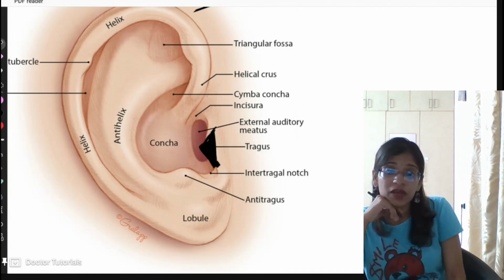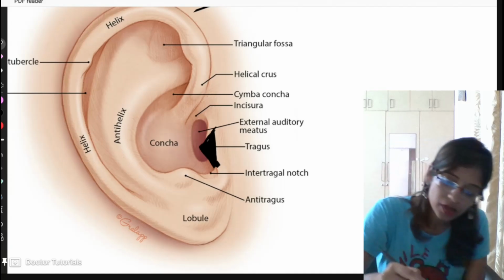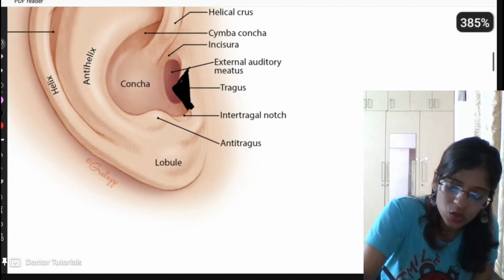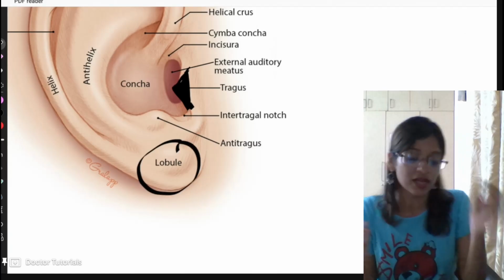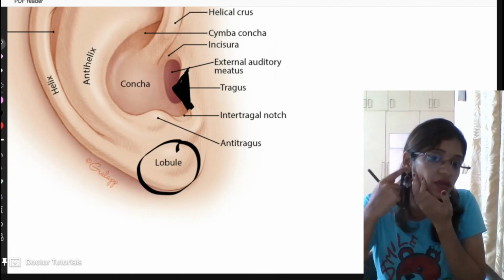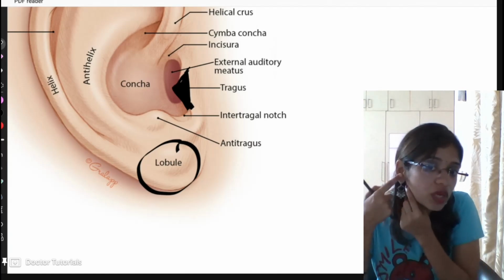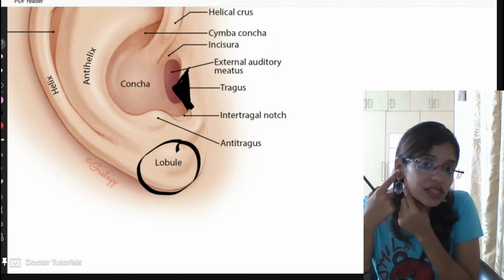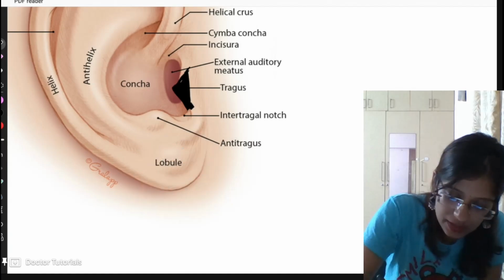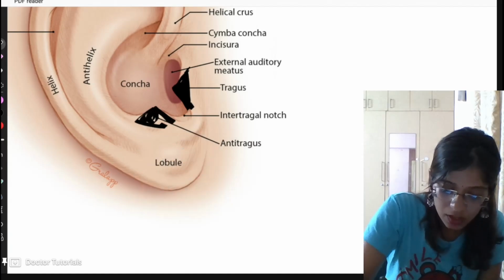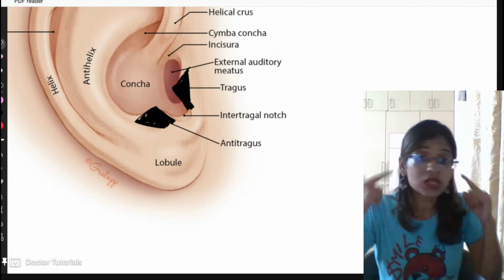What is it? Tragus. Now I'm sure you know this part where you pierce, that is called the lobule. Just above the lobule, if you take your finger, you can feel a projection, that is called the antitragus. Don't get confused.